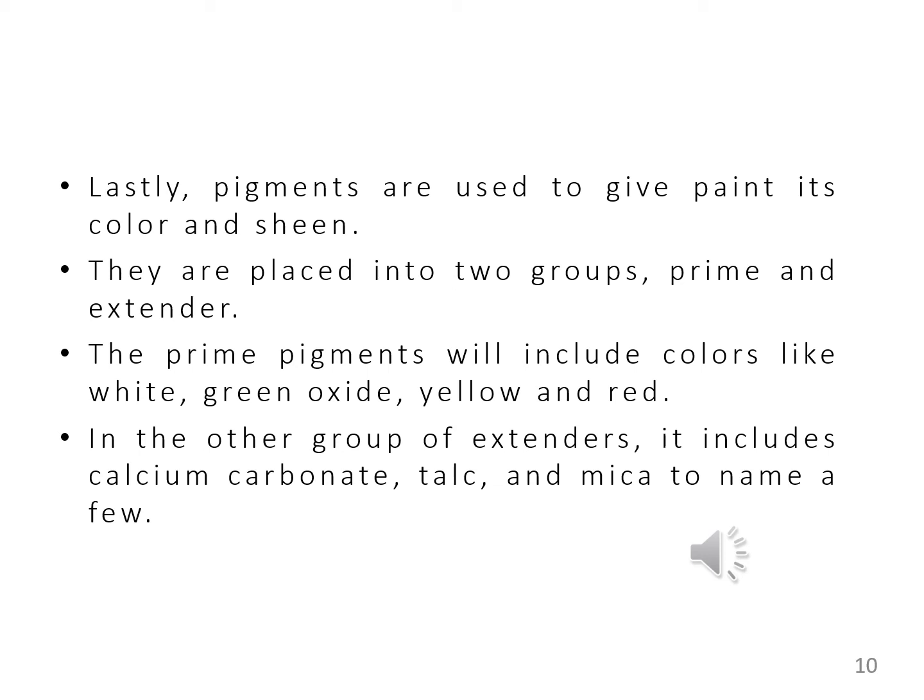So one group of the pigment is prime. The prime pigments include colors like white, green oxide, yellow and red.